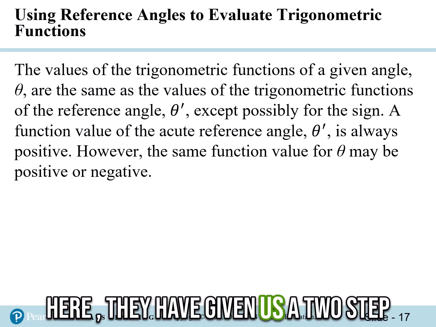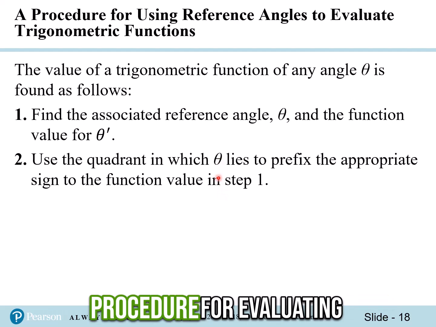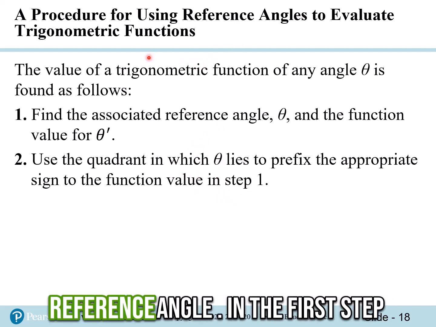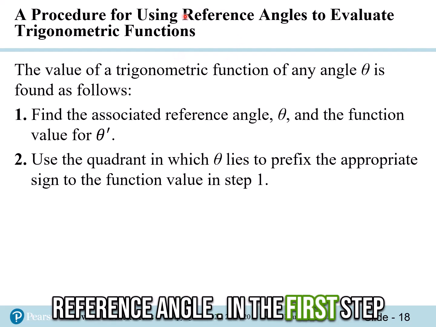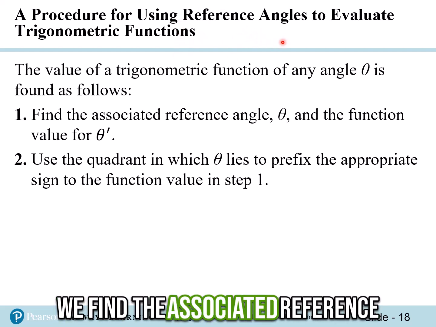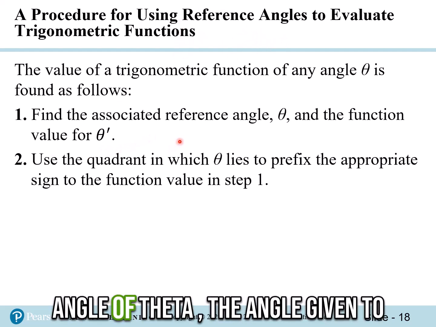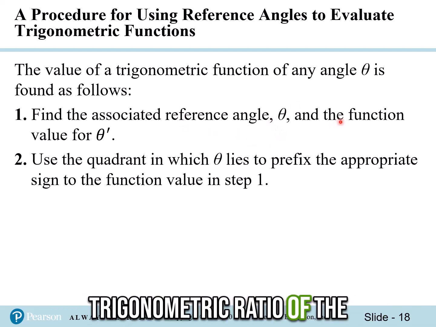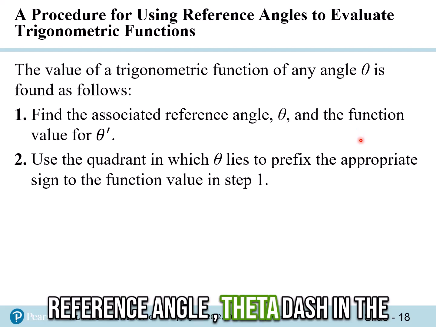Here they have given us a two-step procedure for evaluating trigonometric functions using reference angle. In the first step, we find the associated reference angle of theta, the angle given to us, and then we find the trigonometric ratio of the reference angle theta dash.